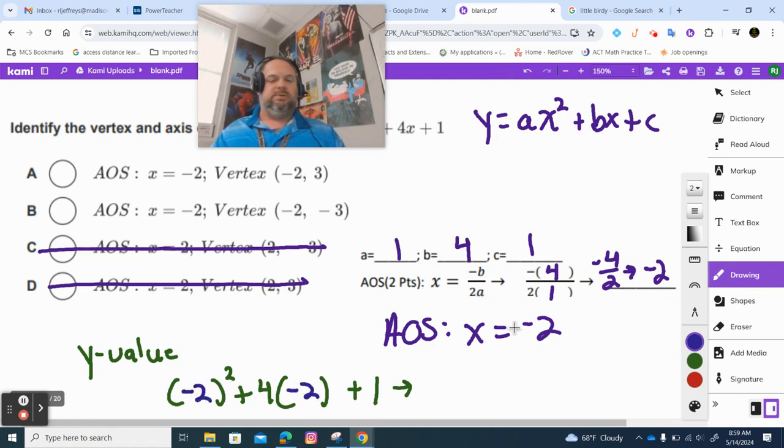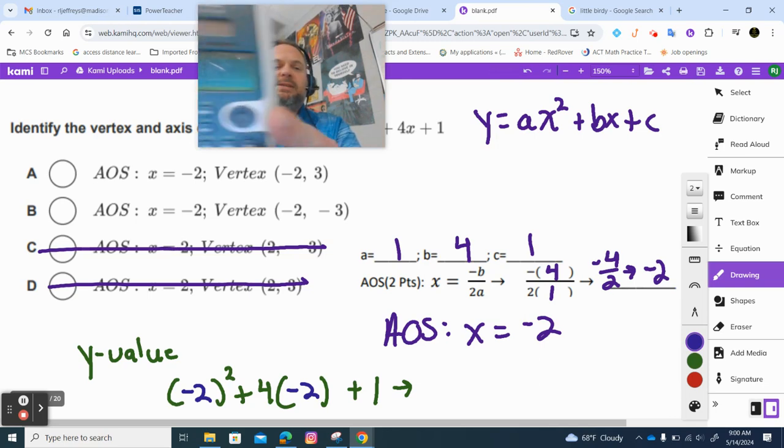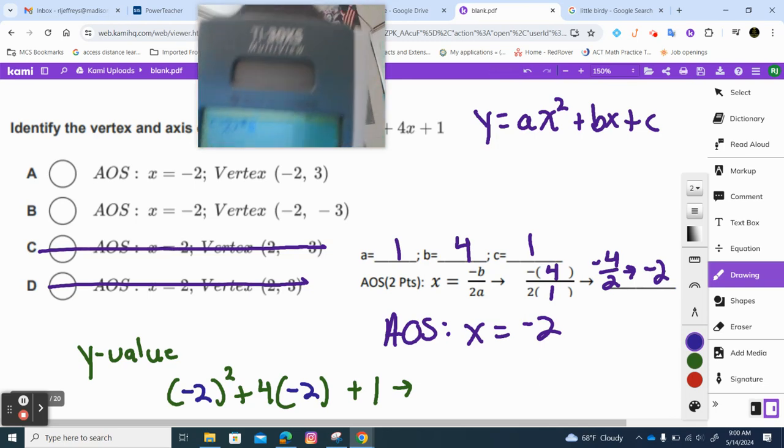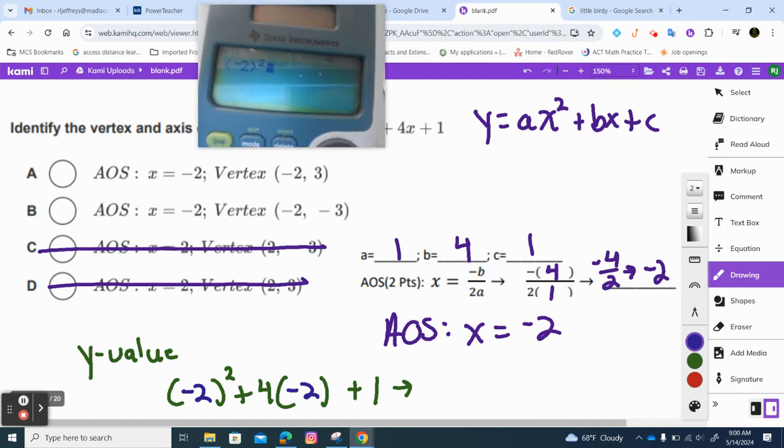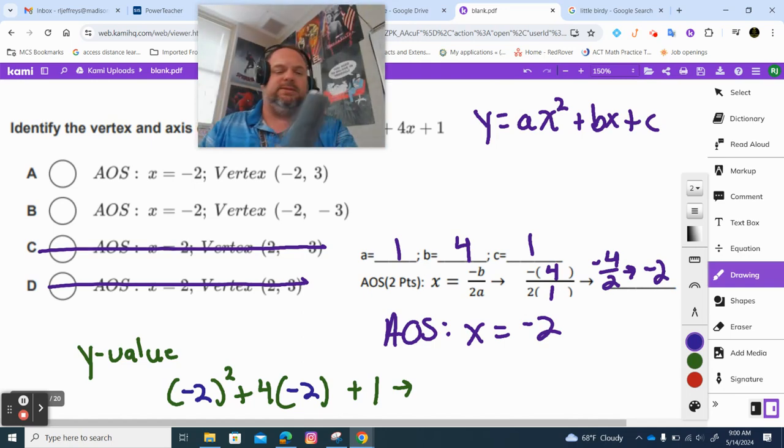We plug it in the calculator. Negative 2 squared. Yes, parentheses does matter, because if not, it will square it, then multiply it by negative 1. The calculator gave me the wrong number.